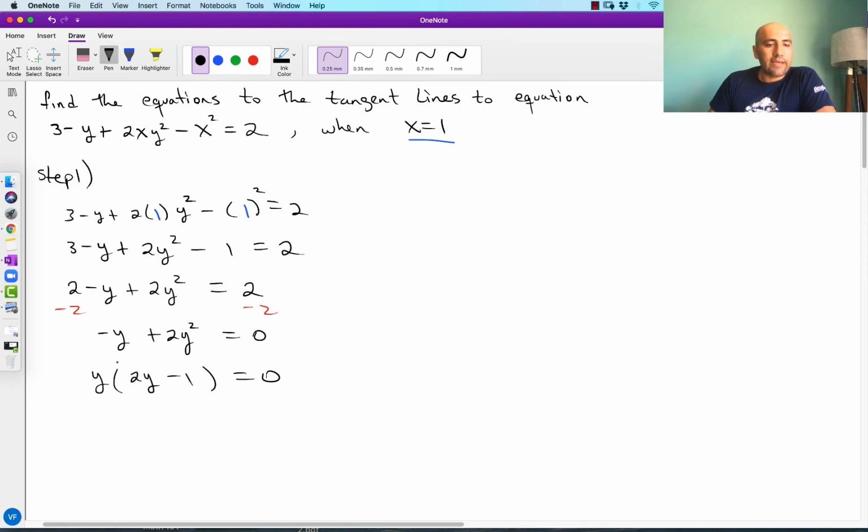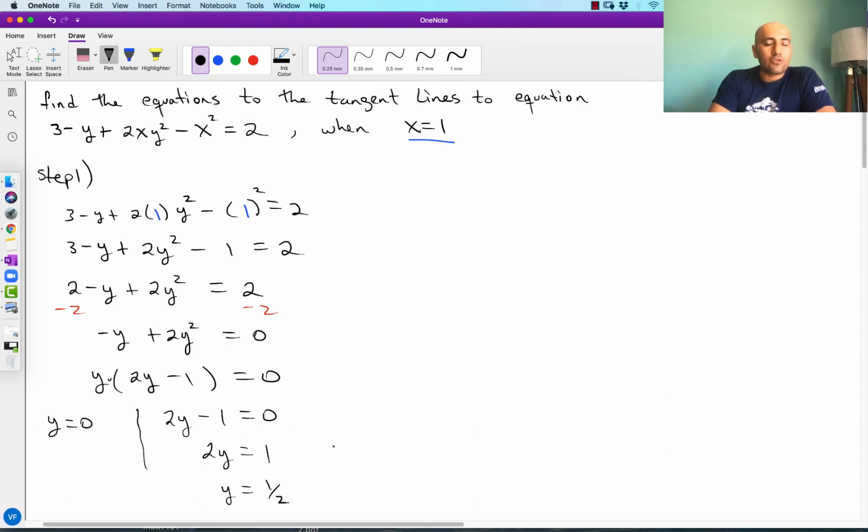If I distribute, I get 2y squared minus y, and that's what this is. The zero product rule lets me separate this. So one solution is y equals 0. And the other solution is 2y minus 1 equals 0, which means that 2y equals 1, or that y equals 1/2.